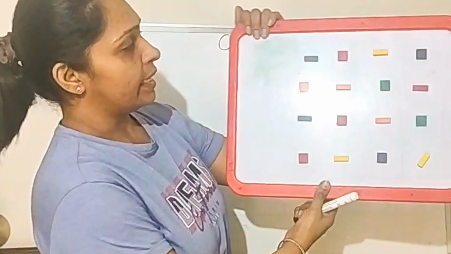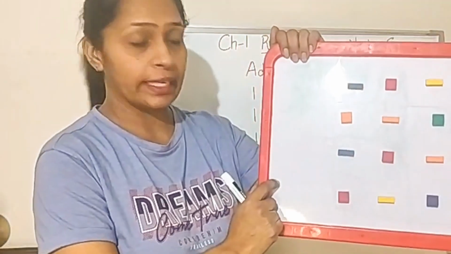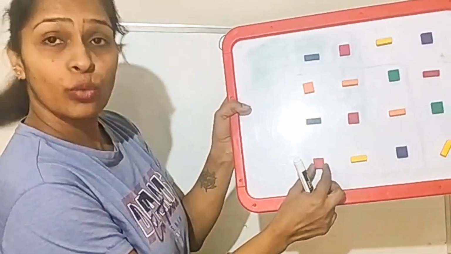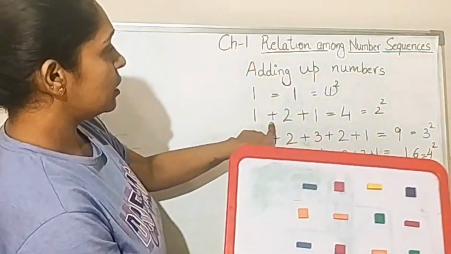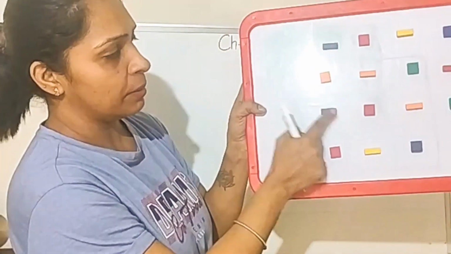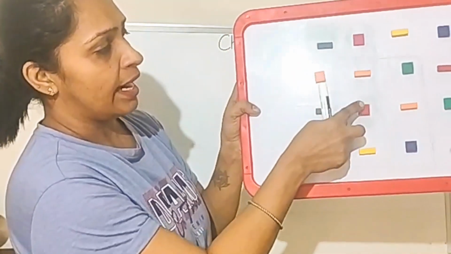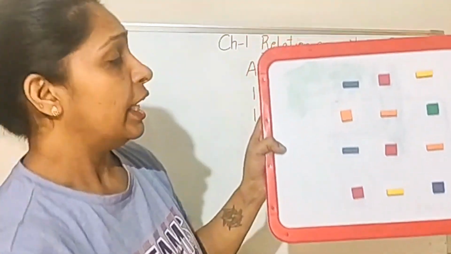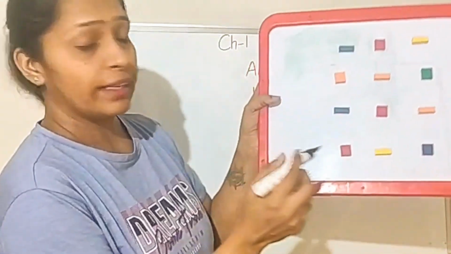So for this case, again we are going to get this grid. In the first pattern it is 1. So 1 itself is a square number, right? Another is 1 plus 2 plus 1. So this is 1, I'm adding 1 plus 2, these two, and plus 1. So again we are going to get a square number. In order to get the next one, what is the pattern here?